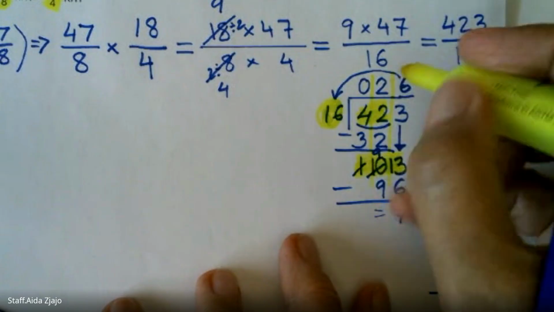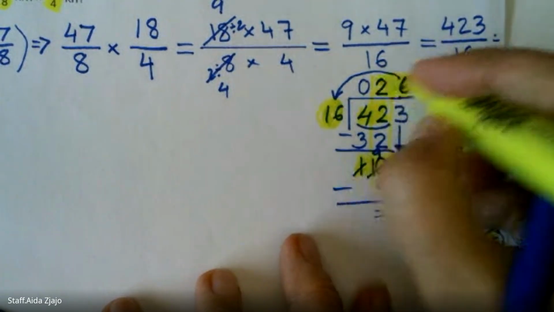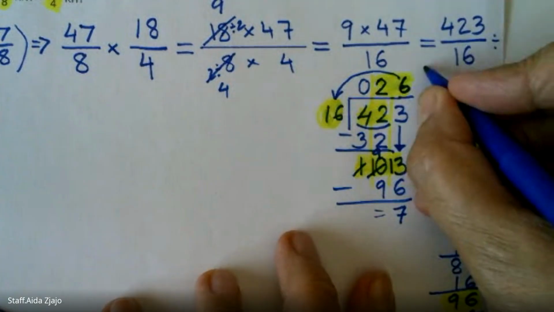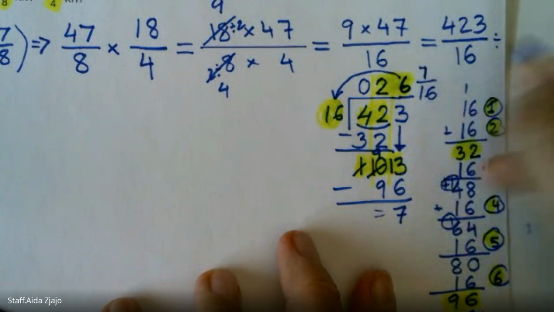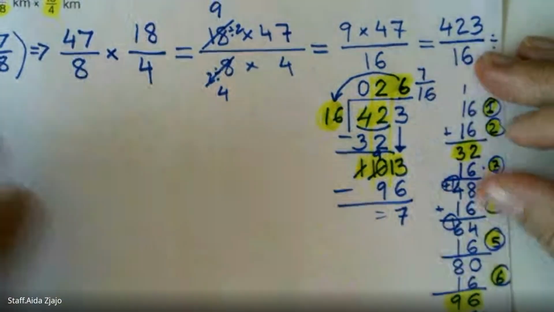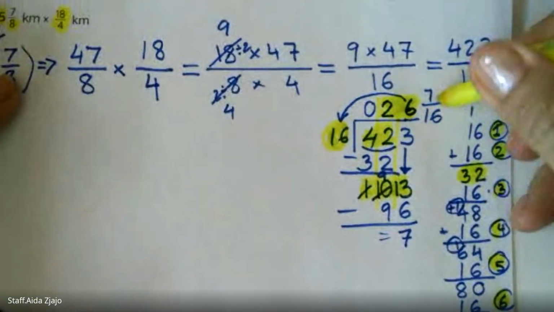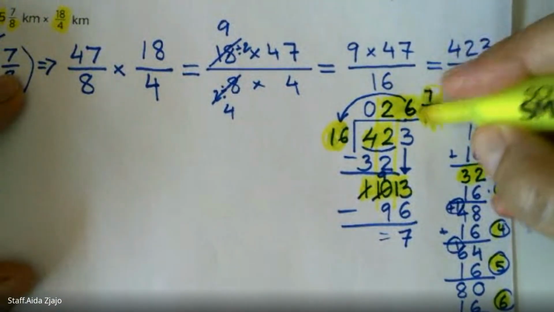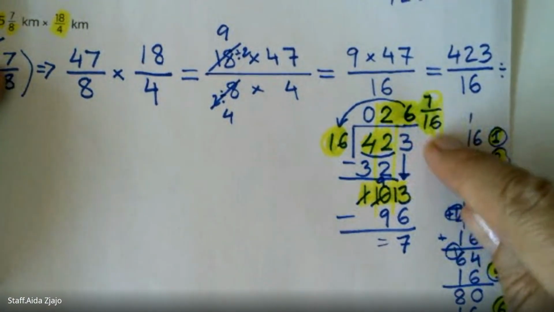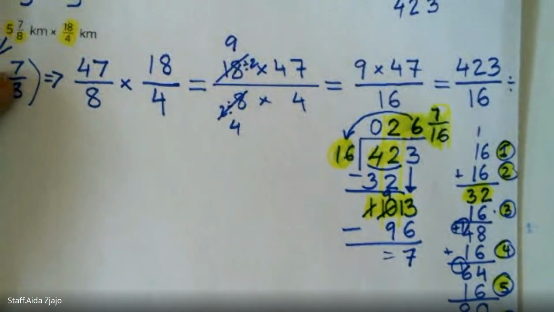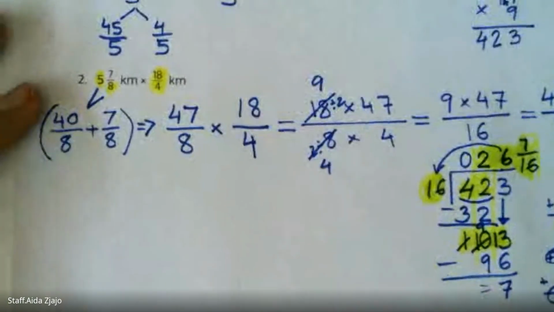26 kilometers and 7 16ths of the next kilometers. So this is the final answer. So 26 whole kilometers and 7/16 square kilometers. Sorry. Okay, square kilometers.